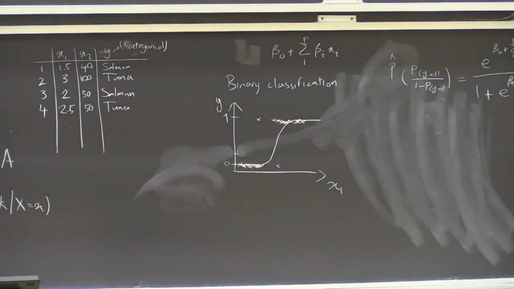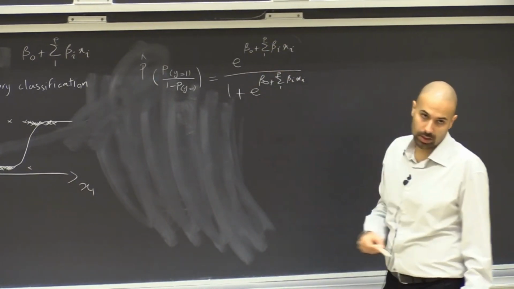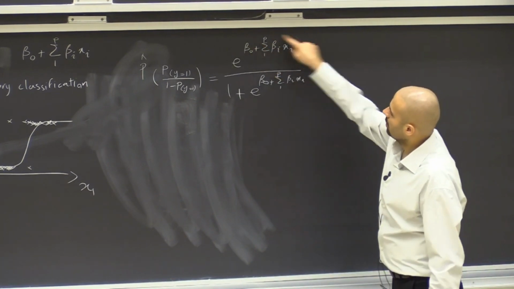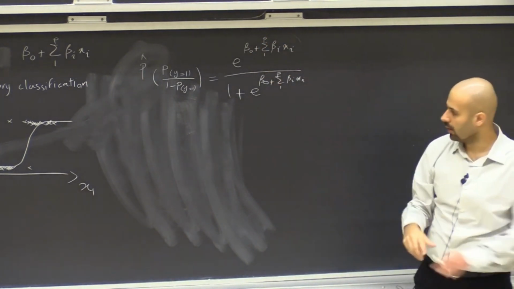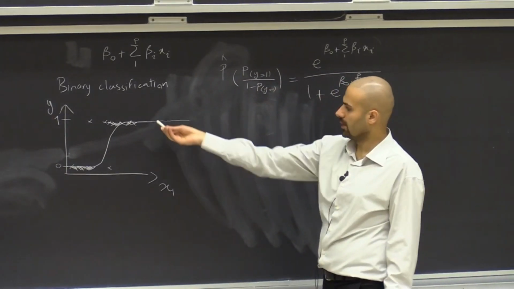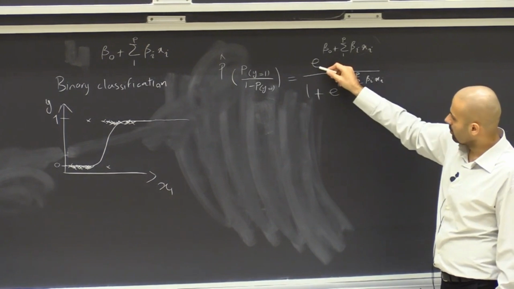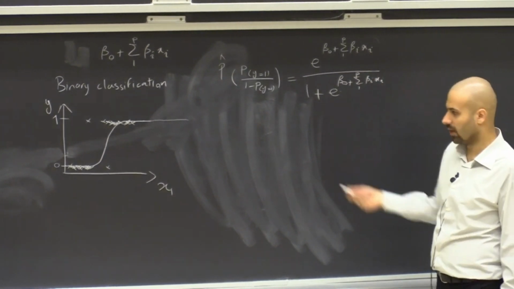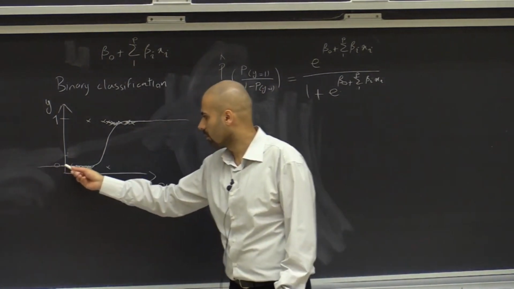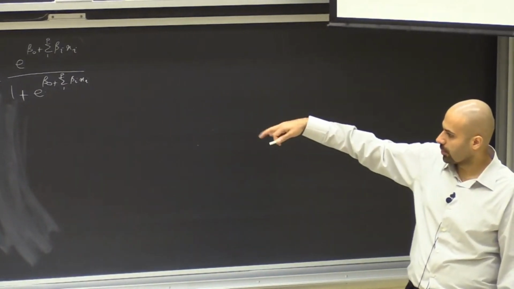Because if this exponent goes to infinity, then this whole fraction becomes 1. That's here. This thing doesn't exceed 1. And if this exponent goes to minus infinity, this becomes very close to 0, and this becomes very close to 0. Therefore, we get 0 divided by 1, which is 0. That's here. So that's why logistic regression meets the requirements we have for making predictions there.